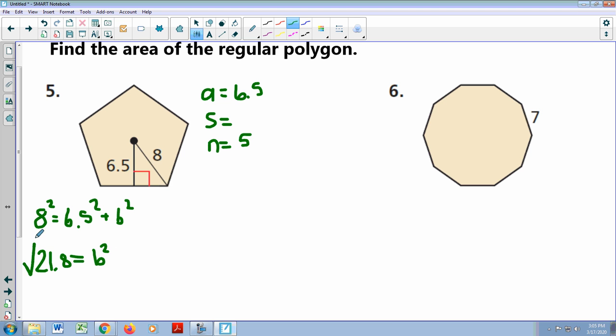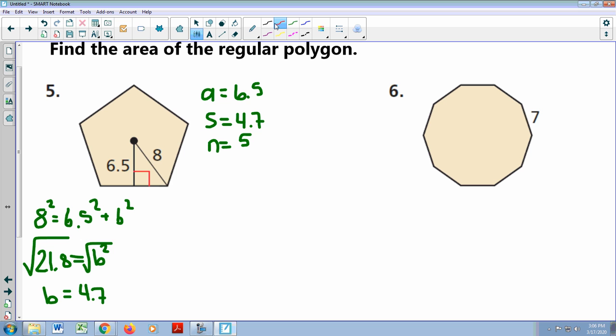Take the square root. Square root of 21.8 is 4.7. I know my side length is 4.7.